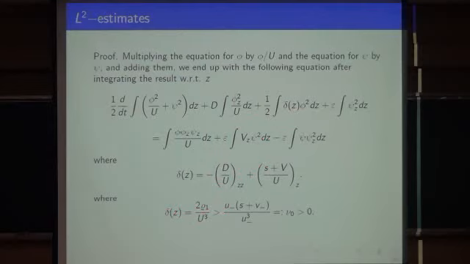And usually at this step, you will have to make some assumption so that this is positive. For example, usually you assume the left state and the right state are very close, so the derivative of the traveling wave is very small. In that case, you can obtain a good sign here.